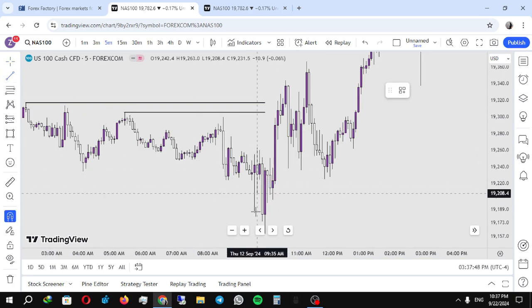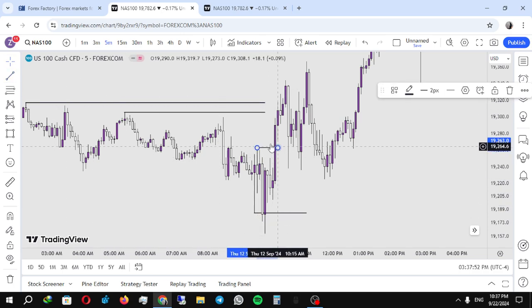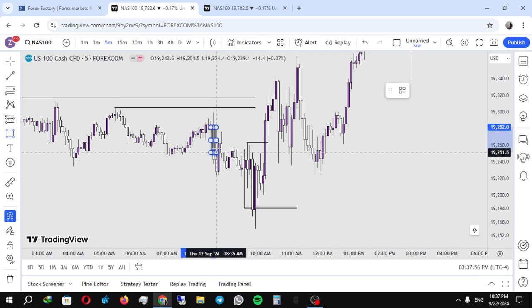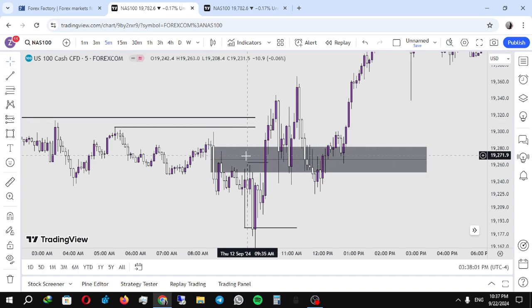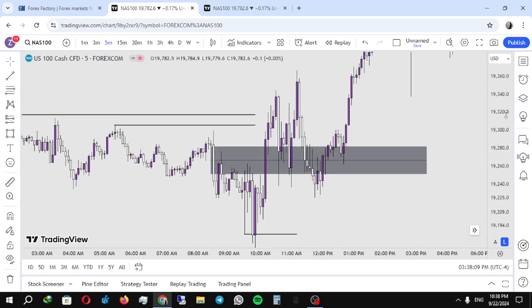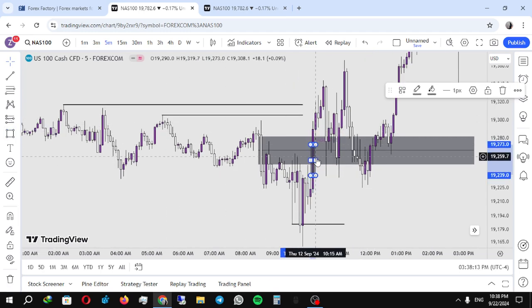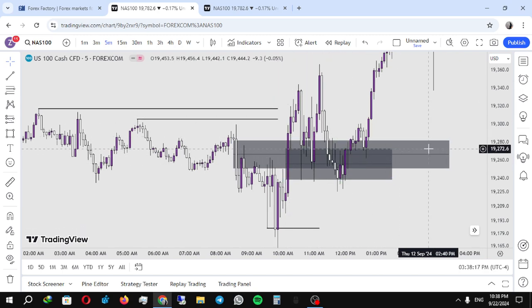So you have your run stops right here, you have your structure shift and markup, this fair value gap, this CB turning into an I plus I fair value gap, and you would mark this one also.